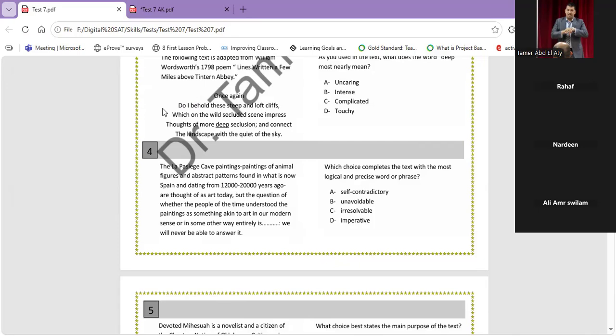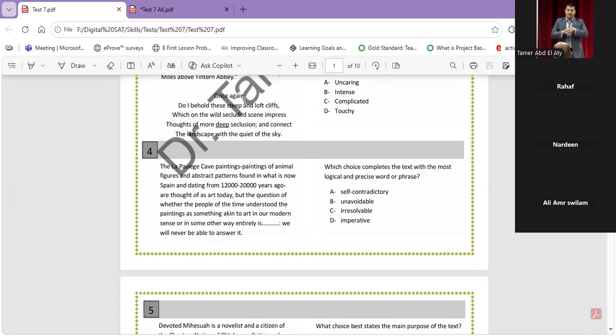Ali Swalem. Okay. Unfortunately, we have two that got this question also wrong, Majd and Aser. Because of the mobile, Majd.